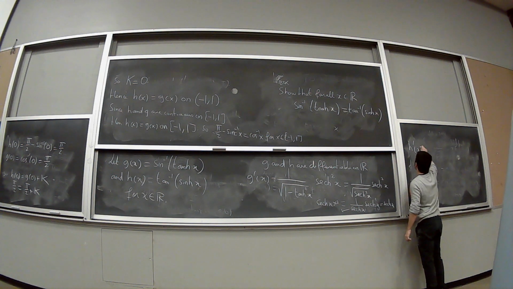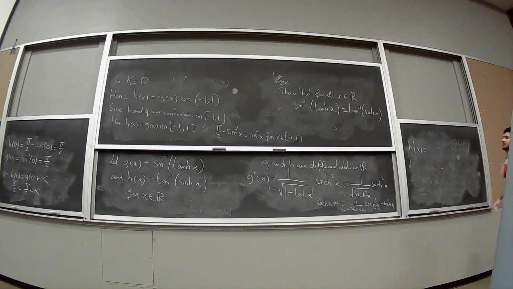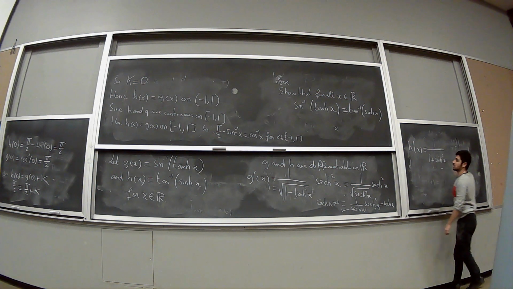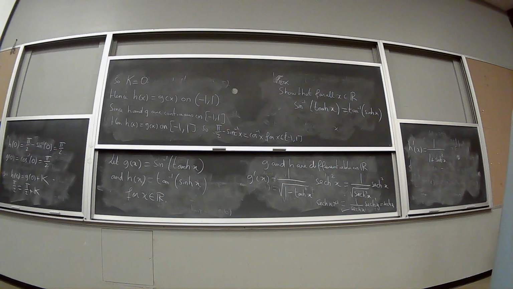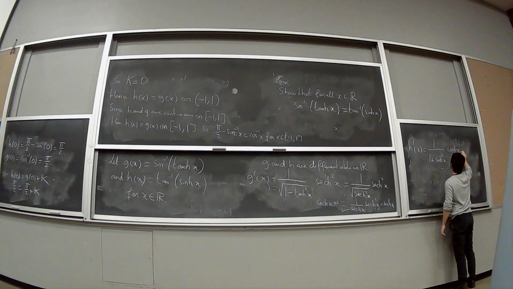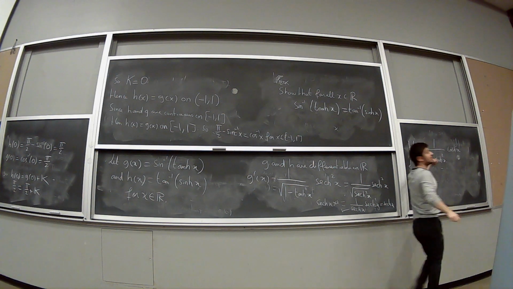Now I have to take the derivative of h. What is h prime of x? The derivative of arctan is 1 over 1 plus t squared, so this is 1 over 1 plus sinh squared x, times the derivative of sinh. What's the derivative of sinh? It's cosh x. Oh, that was very nice, actually. What is 1 plus sinh squared?